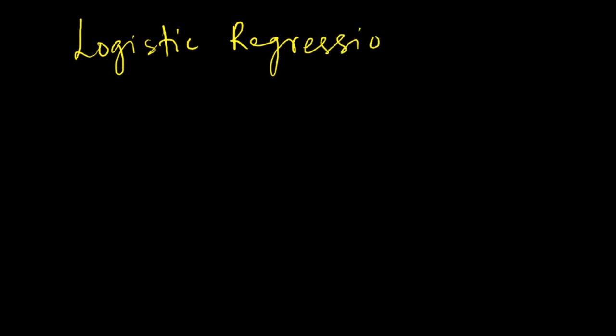Hi all. In this video, we are going to learn about a machine learning method known as logistic regression. Although its name carries the word regression, it is actually an algorithm for classification.